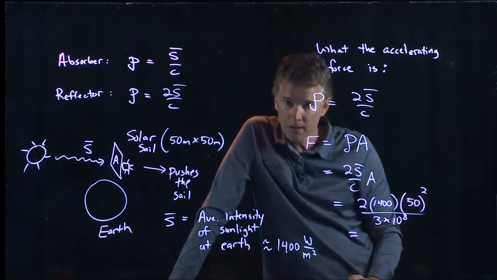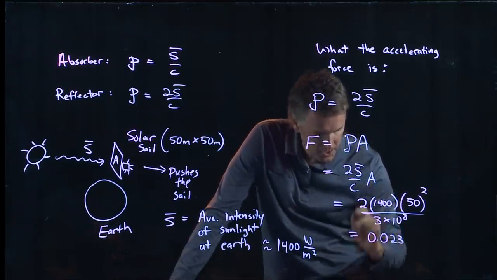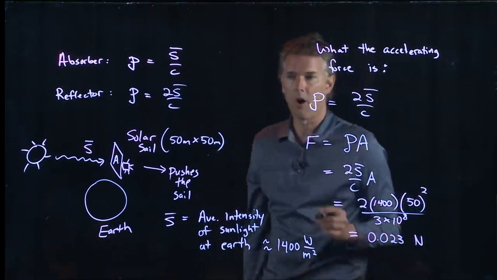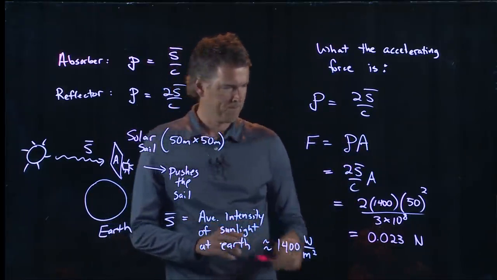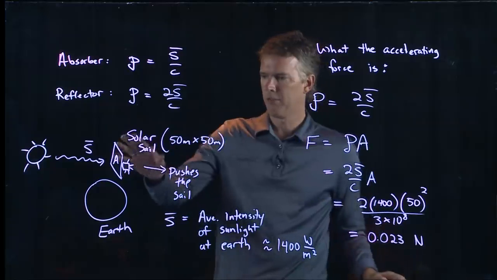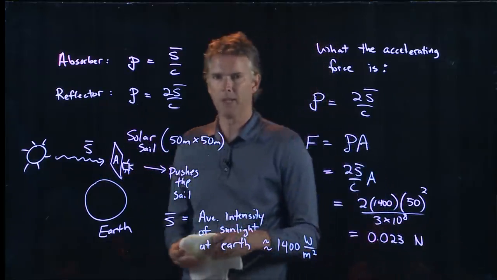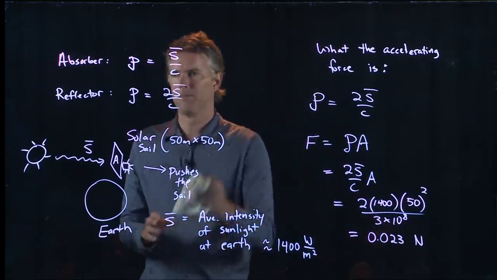Is that what you guys got? So 0.023, and that 3 continues, but that's fine. And the units are newtons. Okay, so that's the force on this sail. That doesn't seem like a lot of force, right? That seems like a pretty small number.